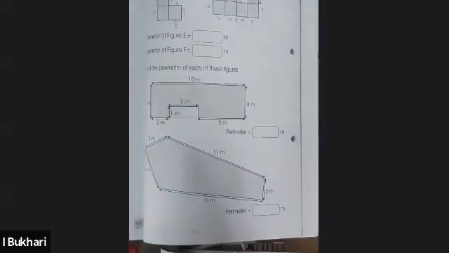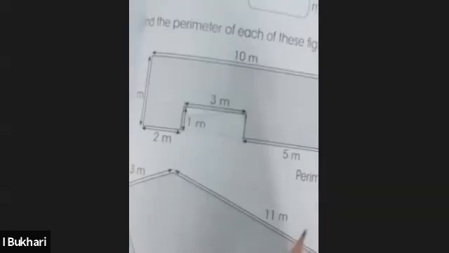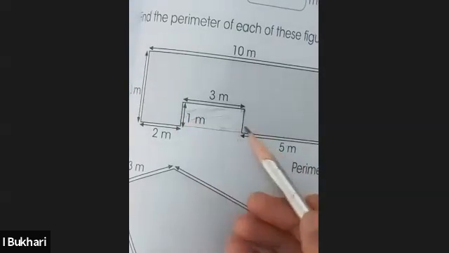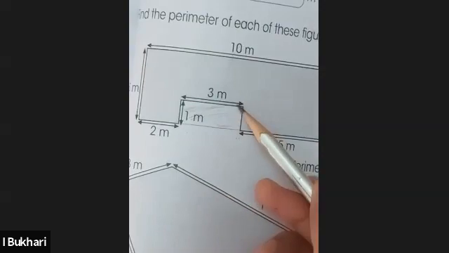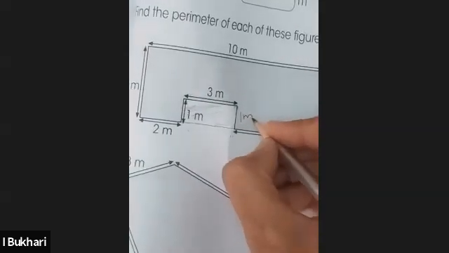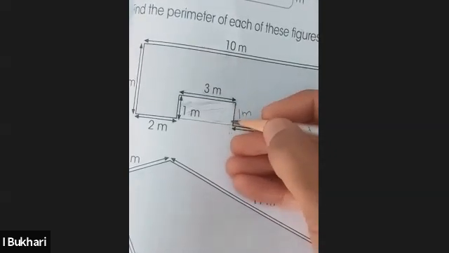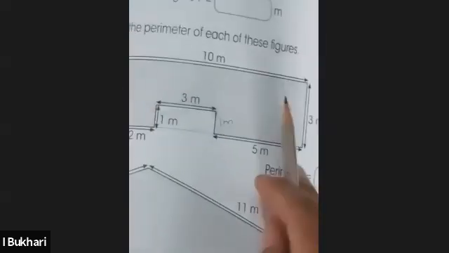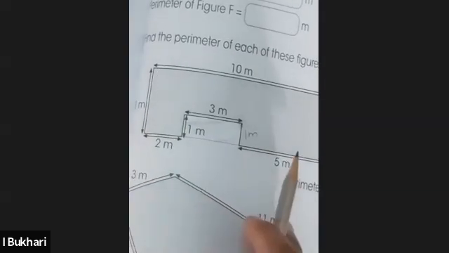Look at it closely. You can see that this is a small rectangle, and in a rectangle, opposite sides are equal. So if this is 1 meter, this should also be 1 meter. They tricked you by missing this side because they want to see if you count it yourself. Remember, perimeter is the sum of all the sides, whether they have mentioned it or not.